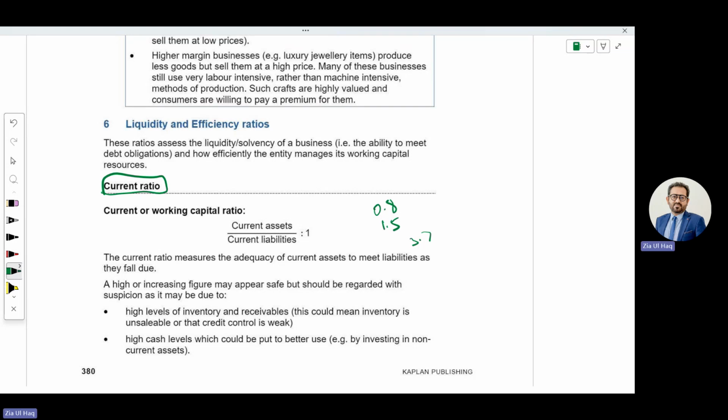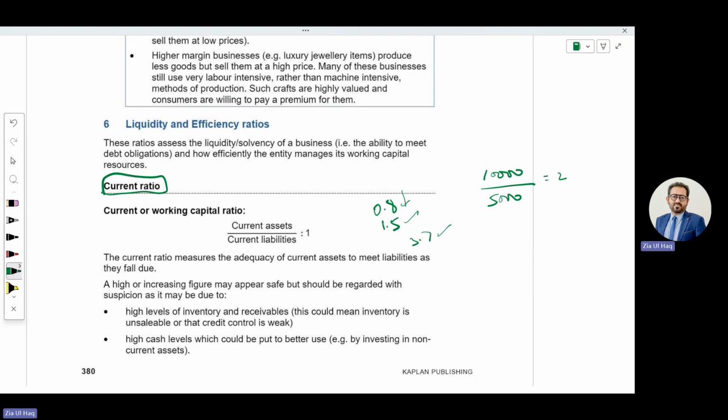How can we interpret current ratio? If the answer is above 1, we will say it's better. If the answer is below 1, we will say it's poor. What does it show? Suppose current assets are 10,000, while current liabilities are 5,000. So current ratio will be 2. It means assets are double the current liabilities.